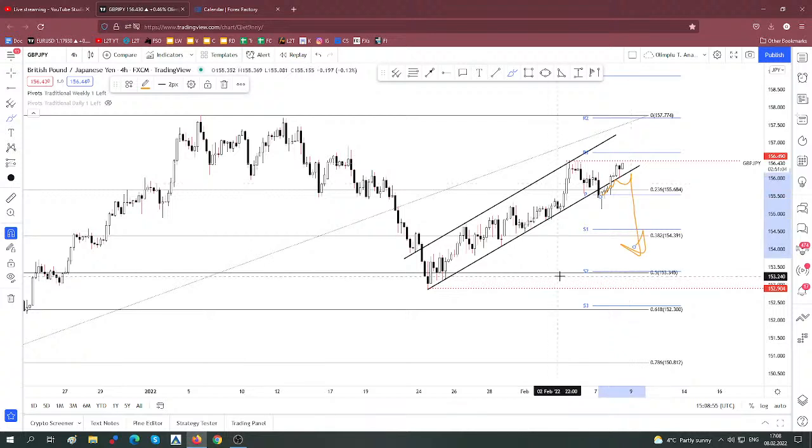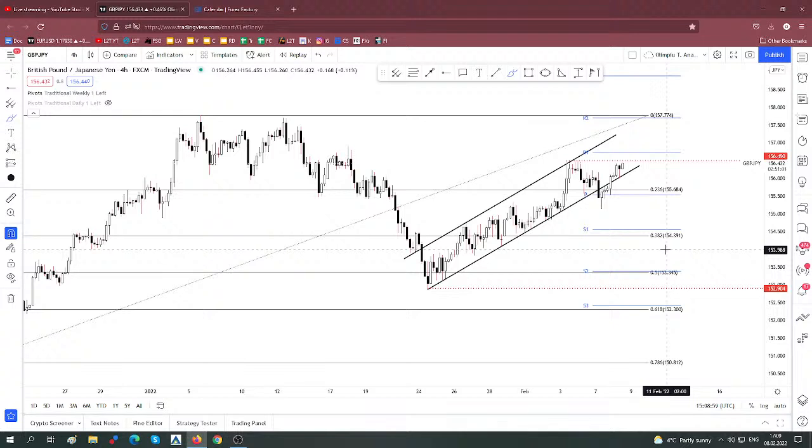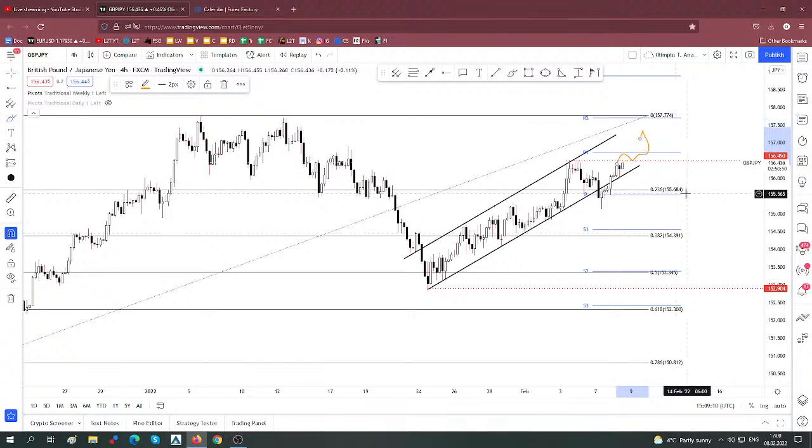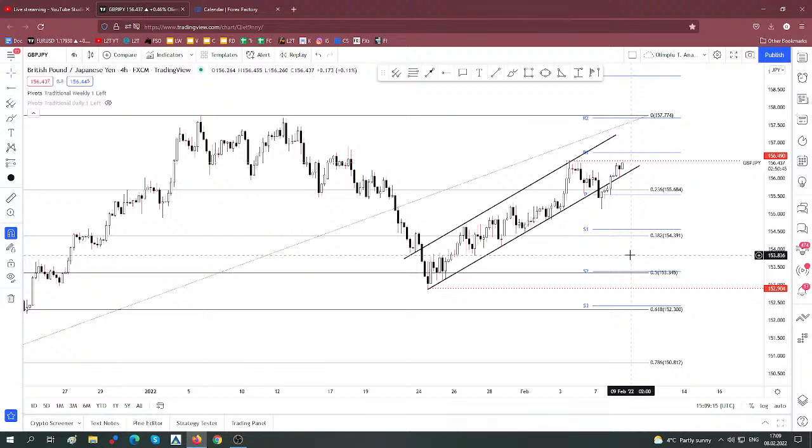So right now it could challenge 156.49, and a new higher high, a valid breakout above the R1, could signal upside continuation. I've told you that the yen basket is also under pressure. In the short term the British pound is bullish.